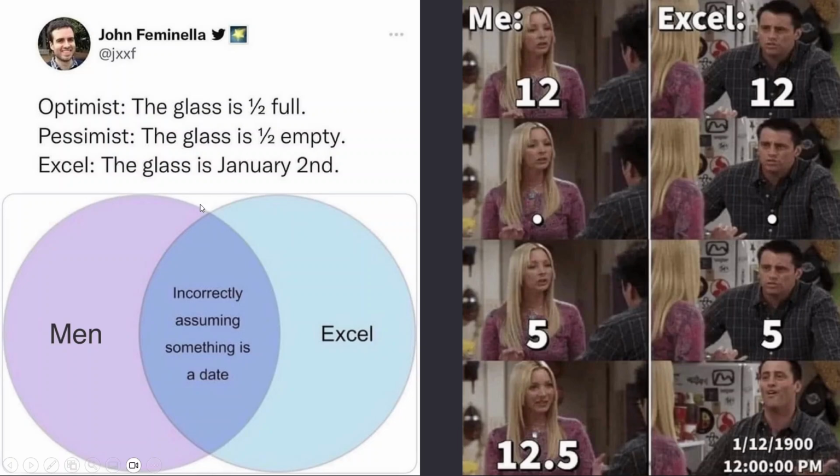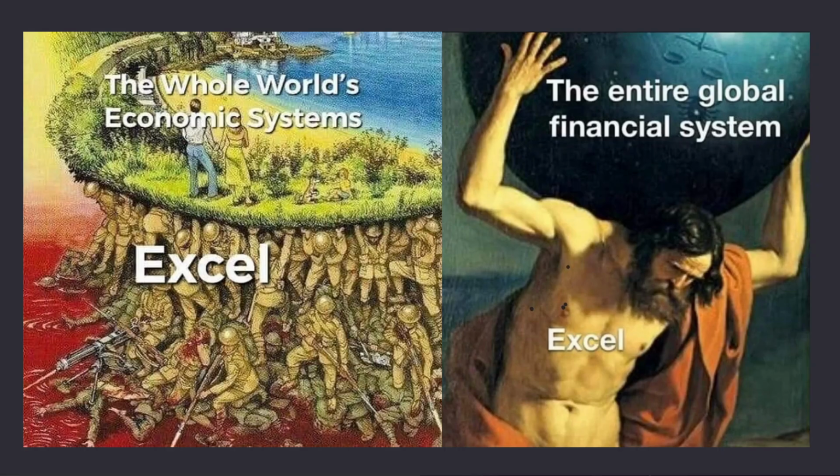And also this one: sometimes Excel and man have something in common, and the problem is that Excel and man incorrectly assume that something is a date. You never know.